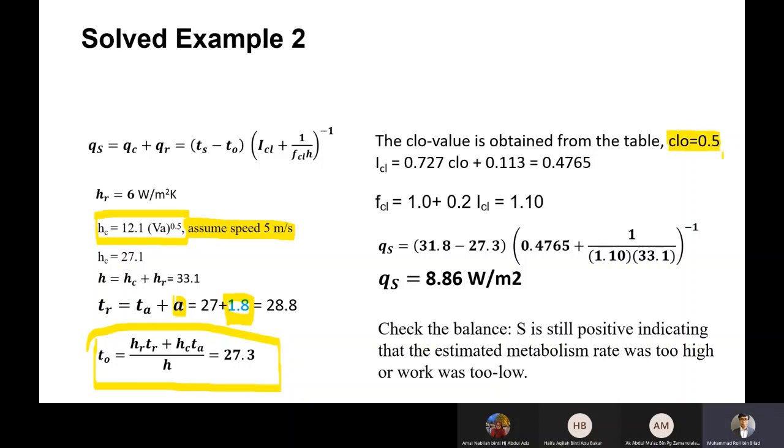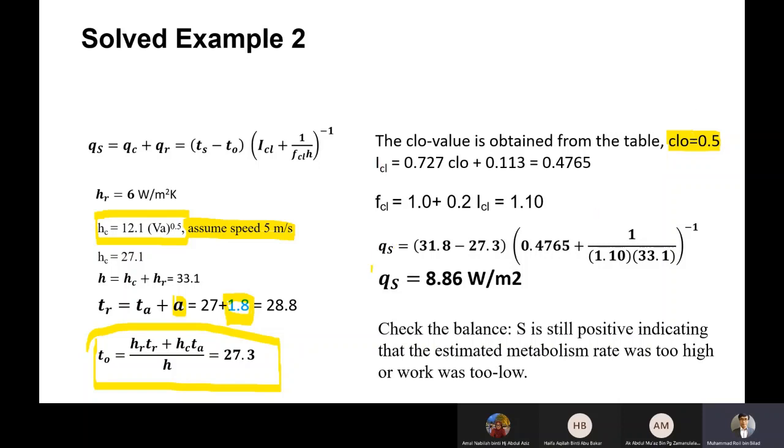It's between 0.25 and 1, depending. A woman with a hijab will still cover all of the body. If you use a jogging suit, you will cover all of the body, so maybe you'll put 1. It's really up to the assumption, but it cannot be 2, for example, or 0. You will not play squash naked. It has to make sense, between 0.25 and 1.